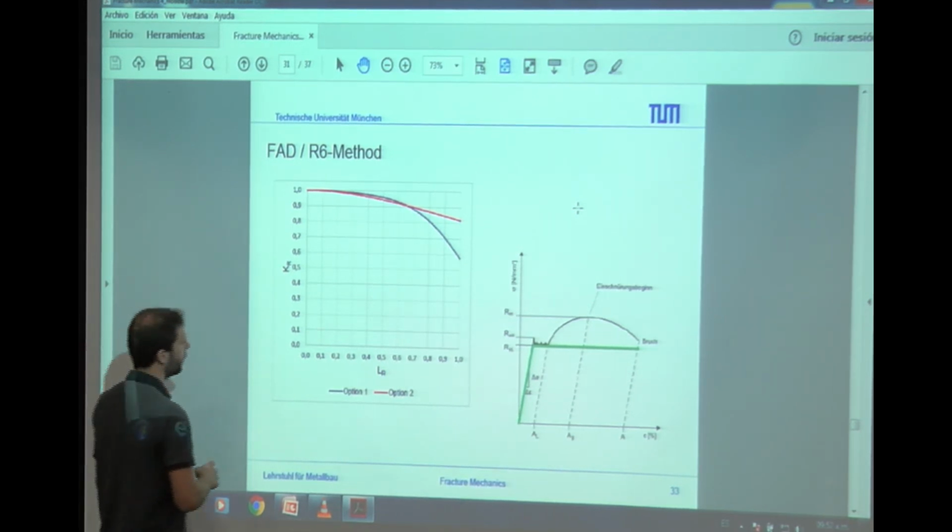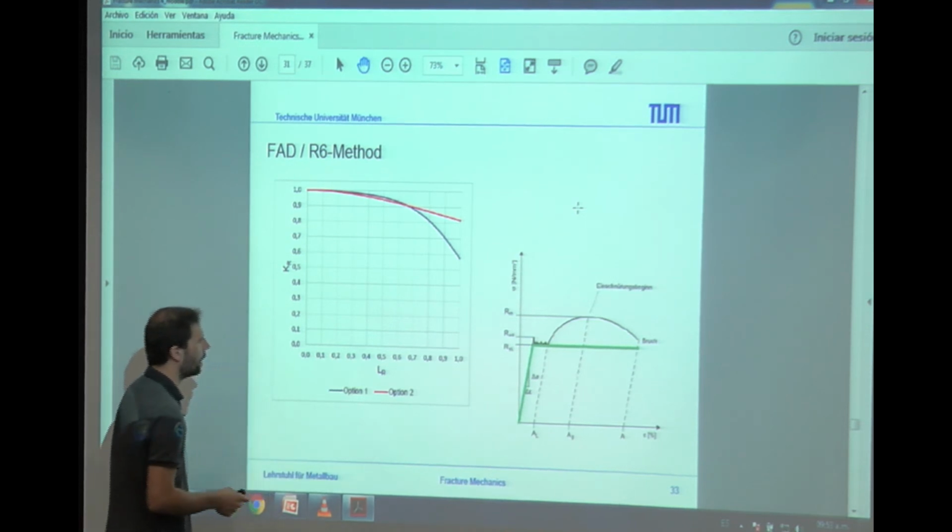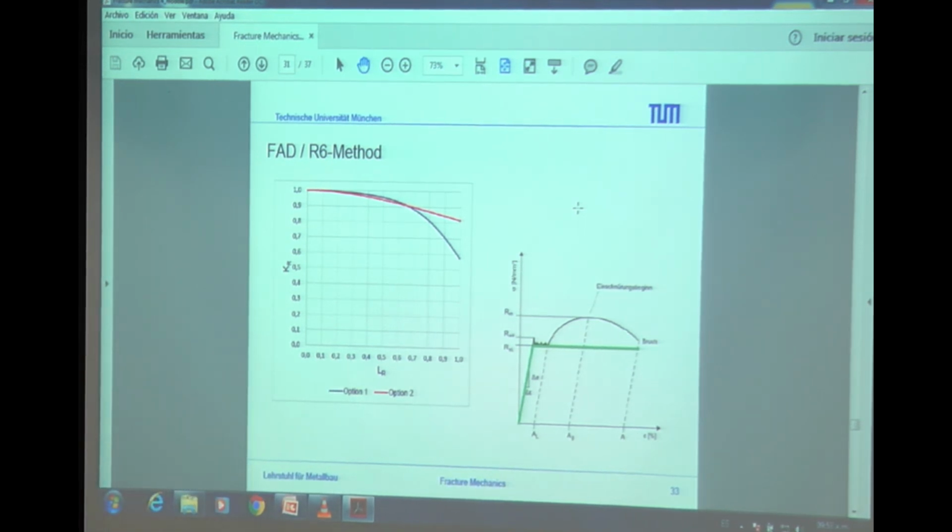Option 1 has less yielding information, so the difference between the yielding point and the ultimate stress strain is less.